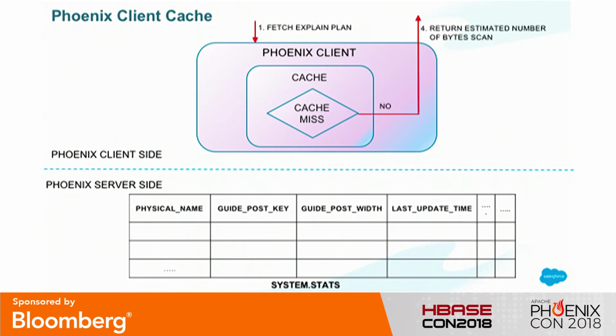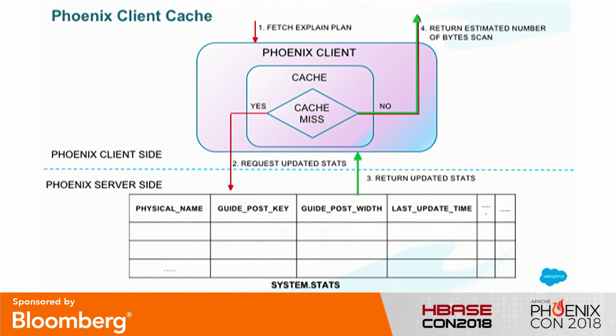But in case of a cache miss, that is, the data is expired in the cache or is not available in the cache, it goes to the server and requests the updated information. Once it gets the updated information from the server, it returns to the application the number of bytes for that query.